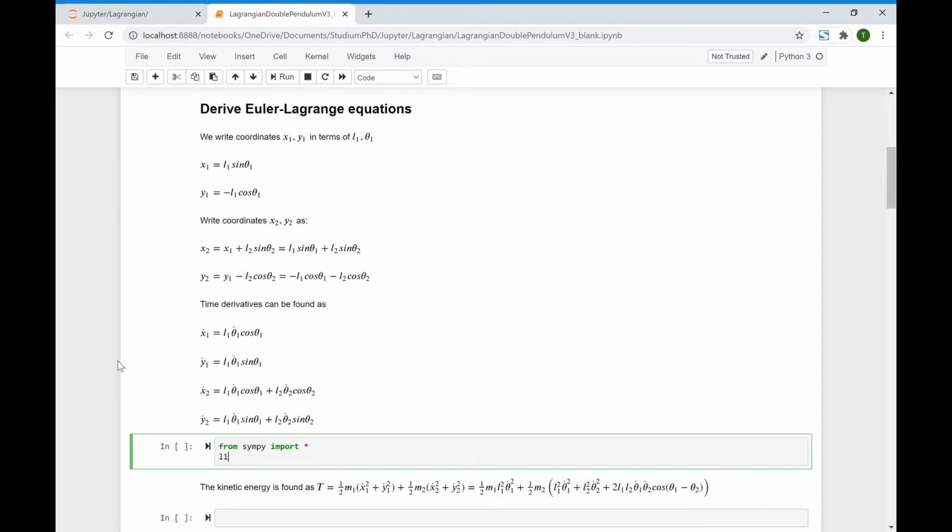And we have to define our parameters, which are length L1, mass M1, length L2, mass M2, and we have time t and gravitational acceleration g.